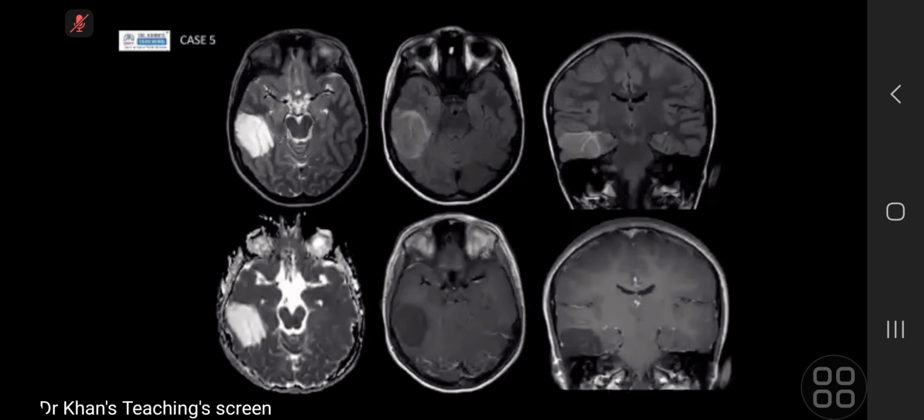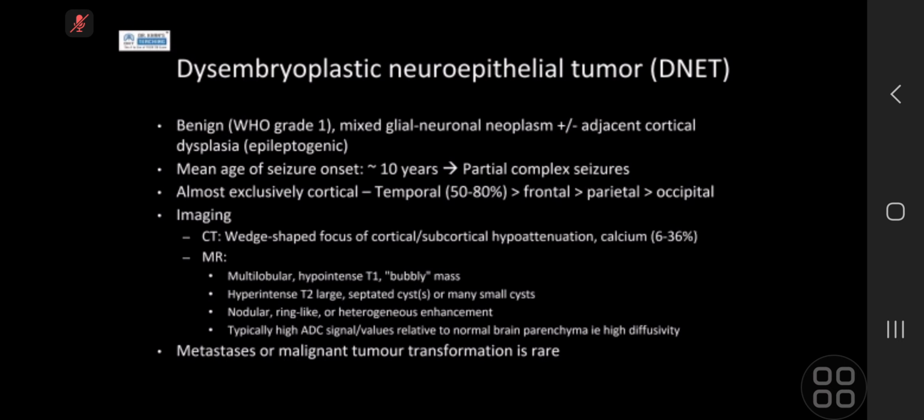Sorry, what's the second one? I think for me you keep dropping out. So you called DNET, you talked about ganglioglioma, and what was the second one? Pleomorphic xanthoastrocytoma. Okay. I'm not sure what that one is, to be fair. I have to be quite frank, I don't know what the second differential is.